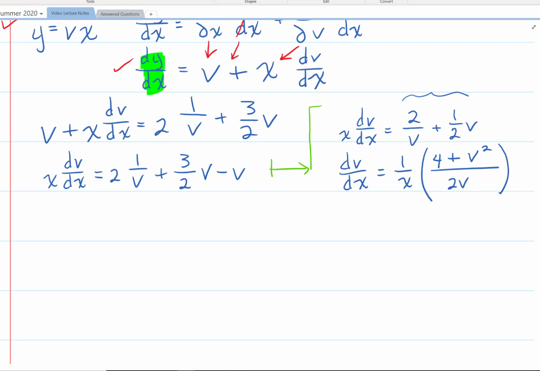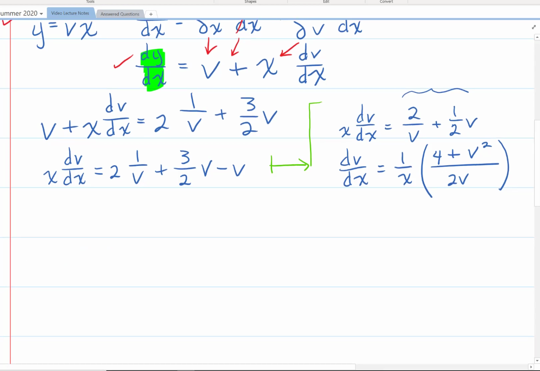The v's, this whole thing is going to move to the other side through division, so that's going to invert it. So let's try that again. 2v over 4 plus v squared dv is going to equal 1 over x dx, right?